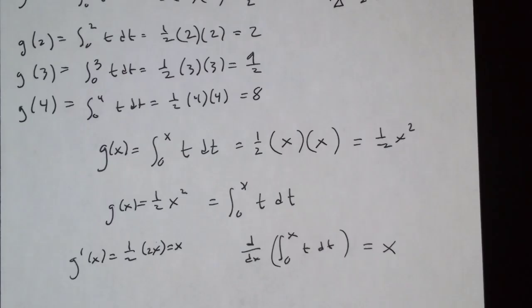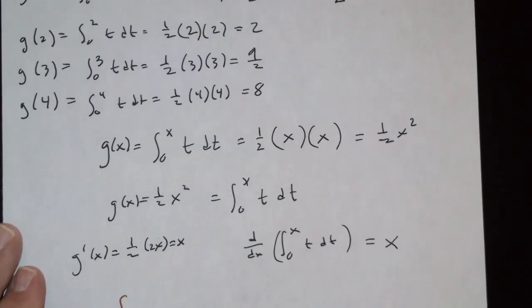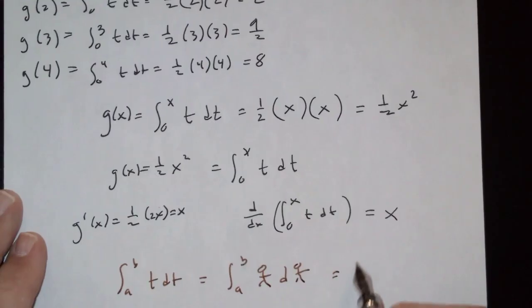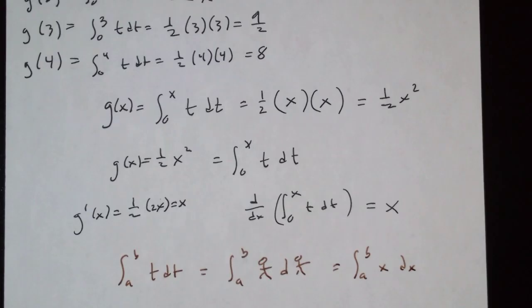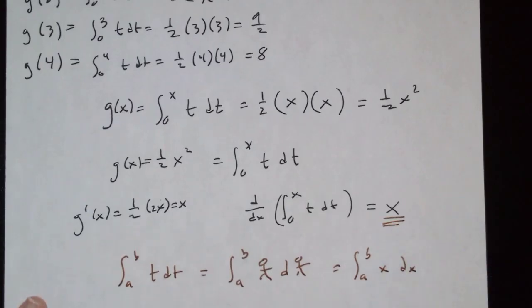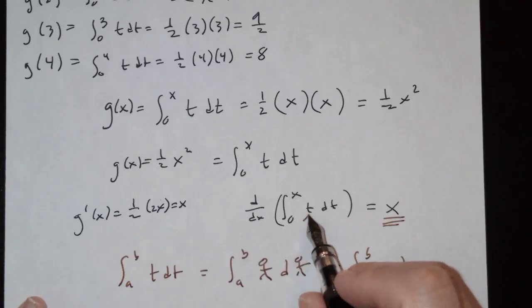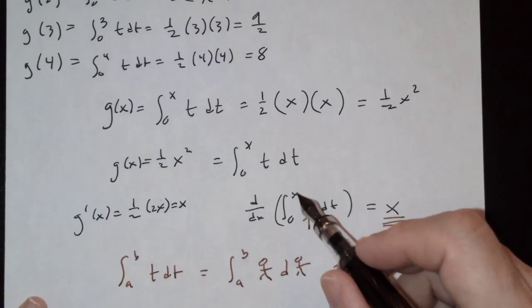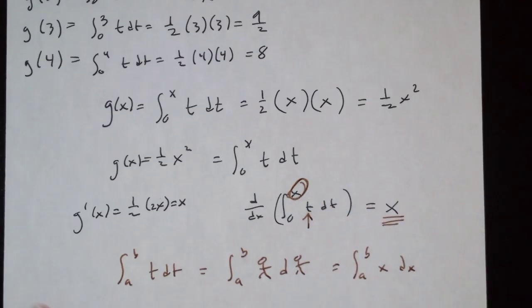So I could think of the integral from a to b of t dt as the same as the integral from a to b of stick person d stick person, as the integral of x dx. So this x right here is really playing the same role. I just changed the letter, didn't I?